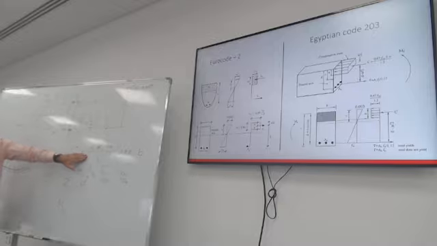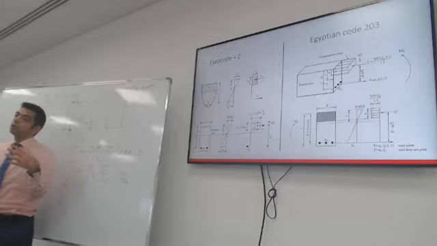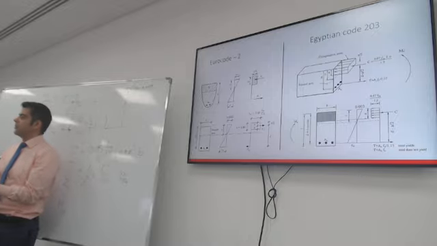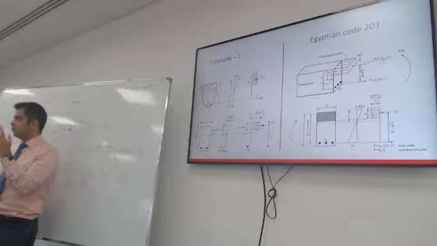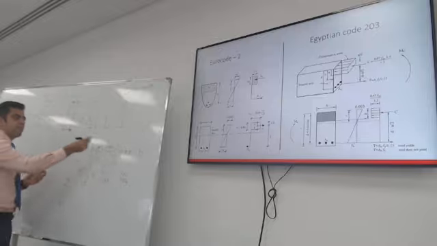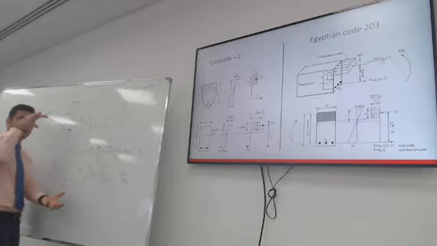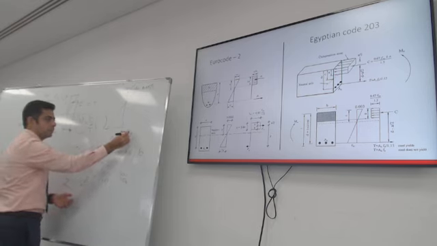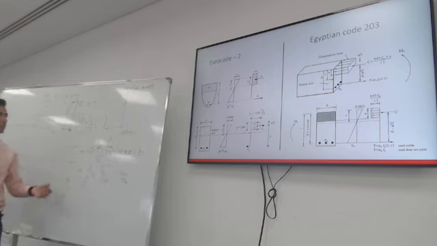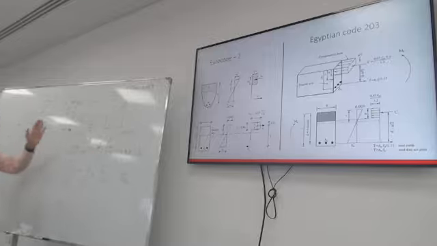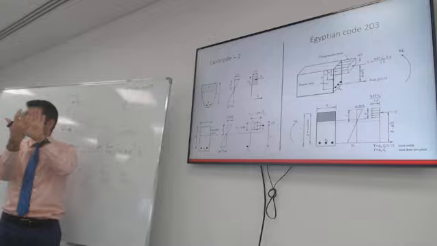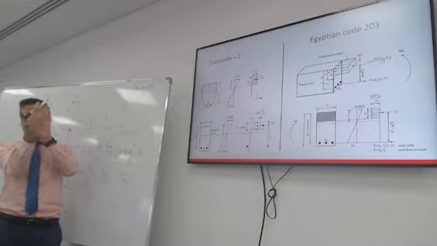So let's take a look at this equation. What if I order concrete with a certain characteristic compressive strength? Let's say concrete C40, 50 or something like that. That means the cylinder compressive strength will be around 40 MPa. Let's say this beam is going to be part of a wall, and the architect wanted it to be 200 millimeter wide.